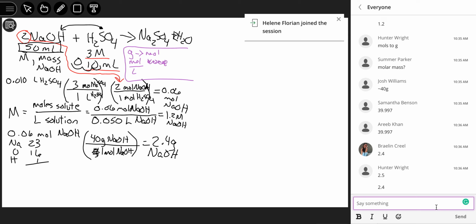Actually, we wouldn't even have to do that. Once we had moles of sodium hydroxide at the top, we could just go straight to moles of sulfuric acid using the coefficients. And then divide by the 10 milliliters. You get the molarity for that too.